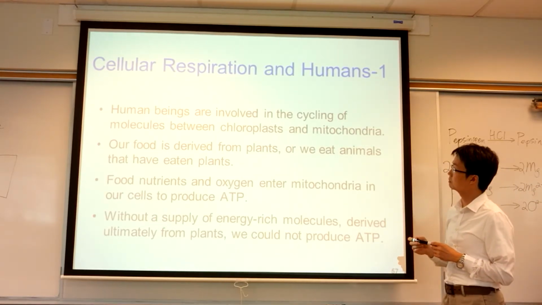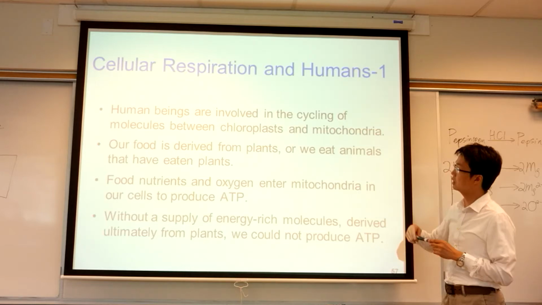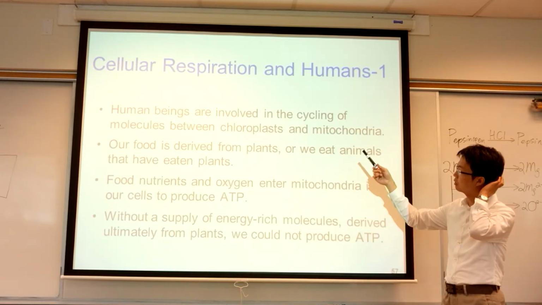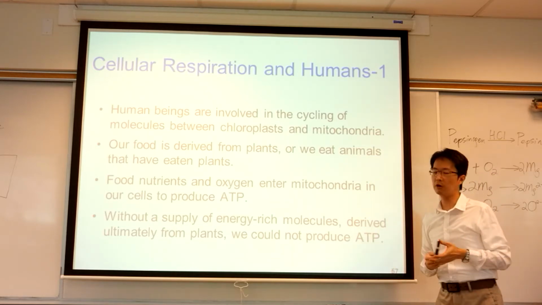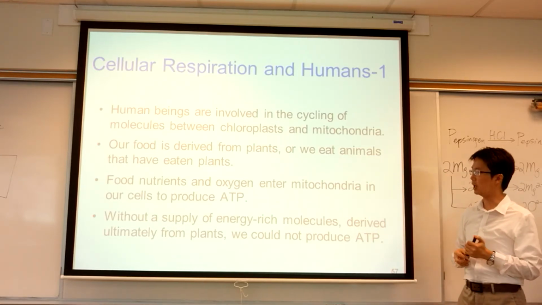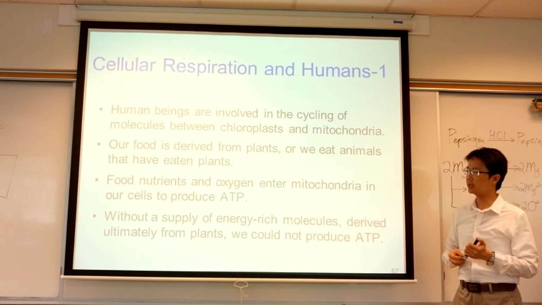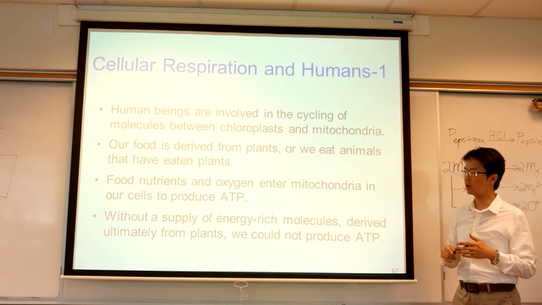And then we are involved in the cycling between chloroplast and mitochondria. All the food mainly comes from plants or the animals that eat plants. We eat both plants and animals, but all animals eat plants or they eat other animals. So basically all the food comes from plants.